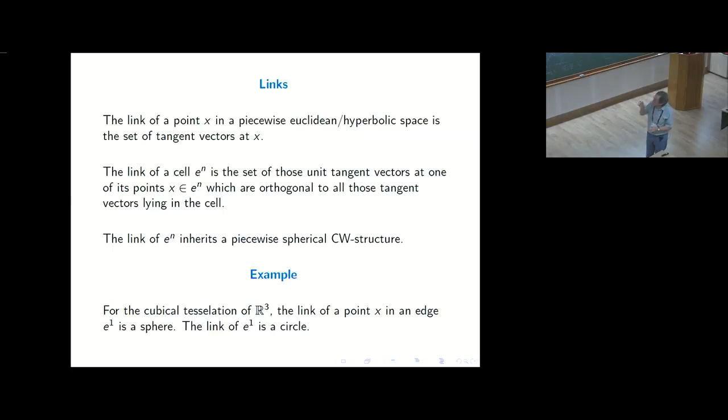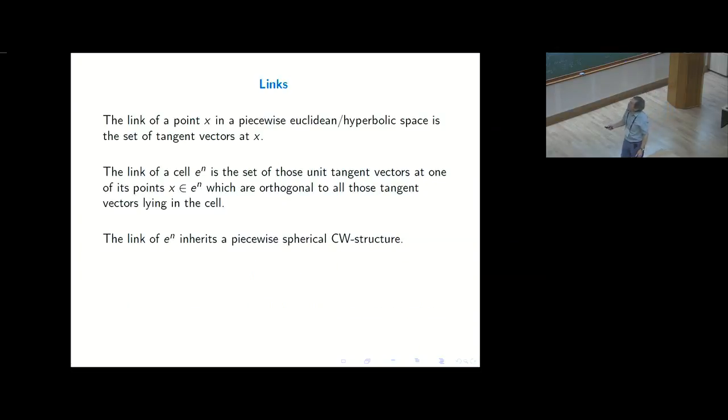Sorry, the link of the point is a sphere, but the link of an edge is a circle, and so on. So you've got this notion of link, and in each case I've got a sphere or a circle. You can imagine what I mean when I say there's a spherical metric. It's a piecewise spherical CW complex.